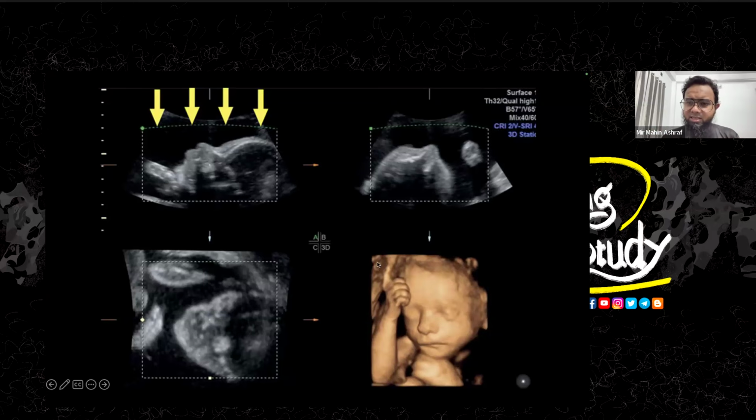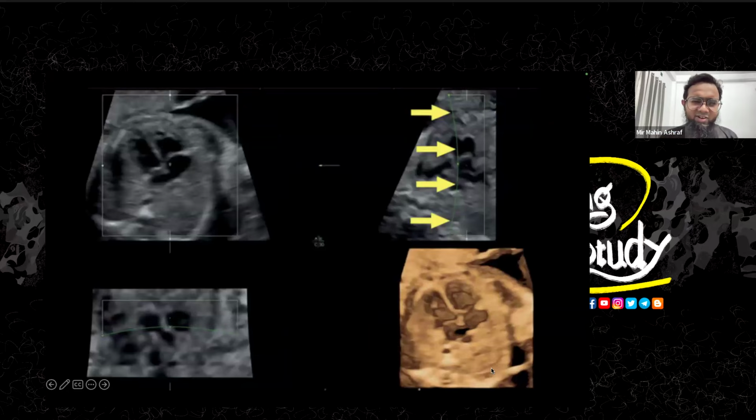If you see any placenta here, it will come in front of the baby's face. So you have to adjust this picture quite well. After this sagittal section, you have to adjust the axial section, then go for the coronal. All these adjustments will give you a good picture. It's not that difficult. You can do it in different ways.